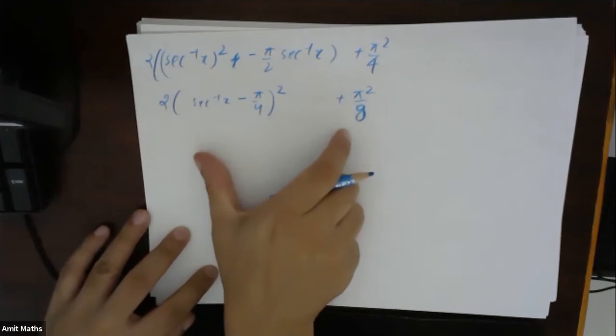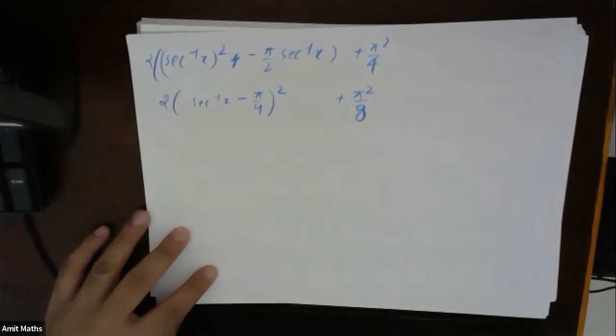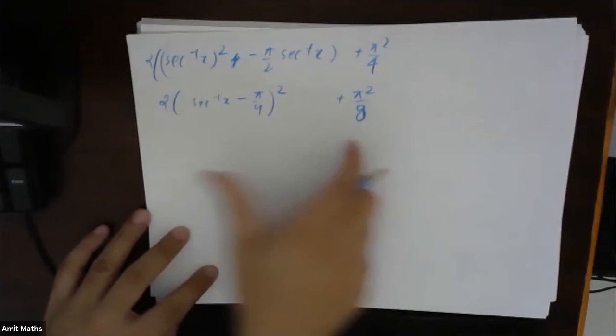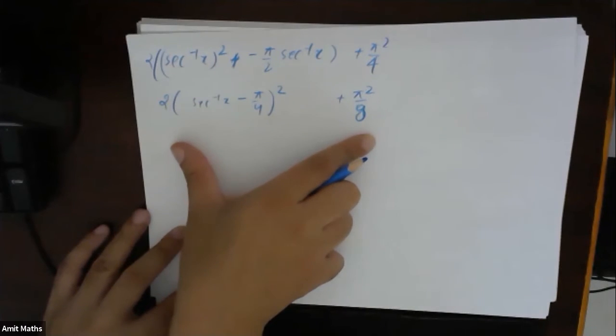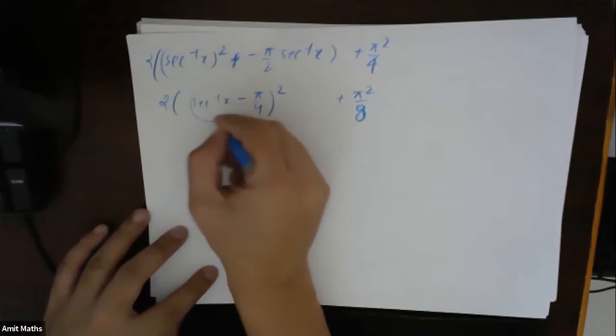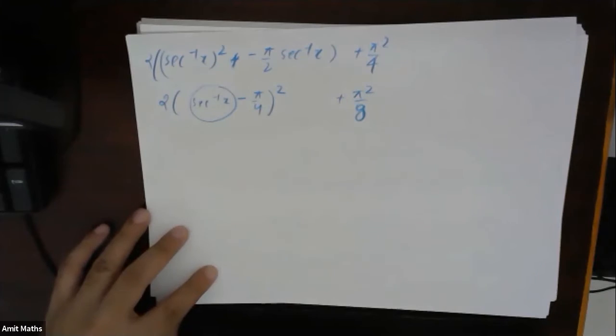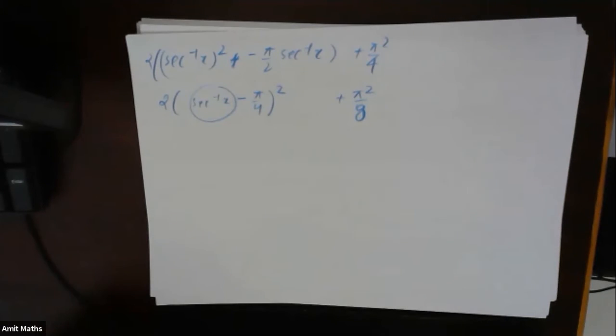So now this is the final thing which we have got, right? Now we can easily find the maximum and minimum of this using the maximum and minimum of sec inverse of x. Everybody understood?